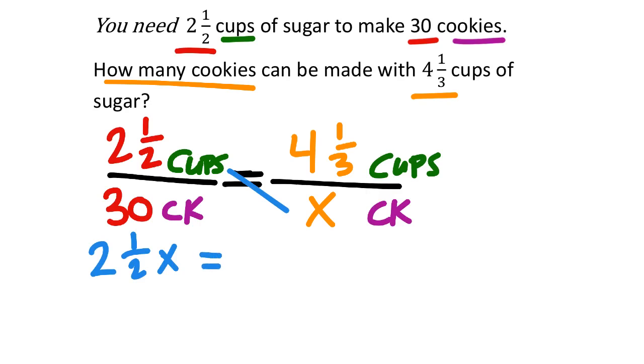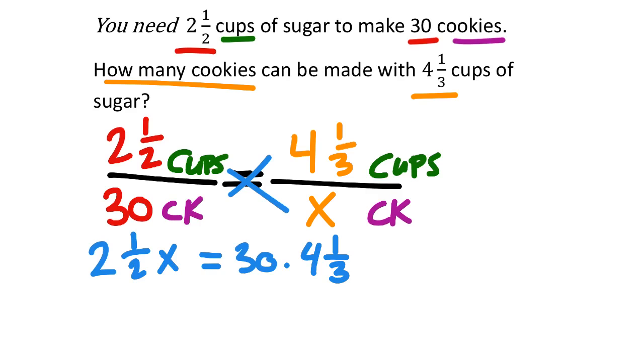Now this should equal the other cross multiplied, which is 30 times 4 1/3. You could use a calculator; I prefer that you use calculators to do these types of operations because that's what they're there for. But if you want to do them by hand, that's fine too.